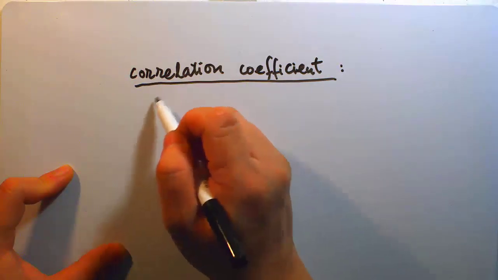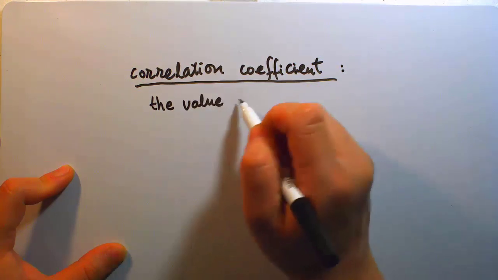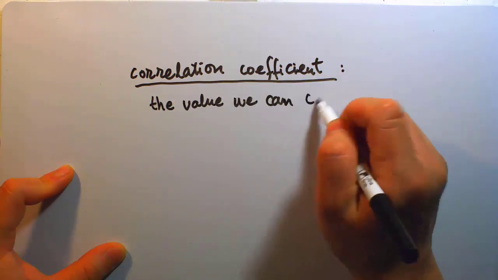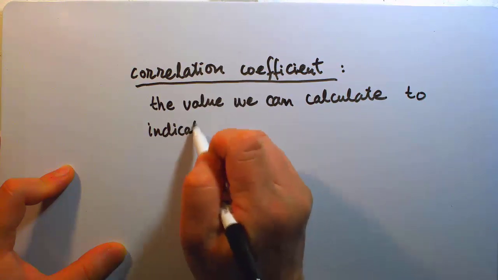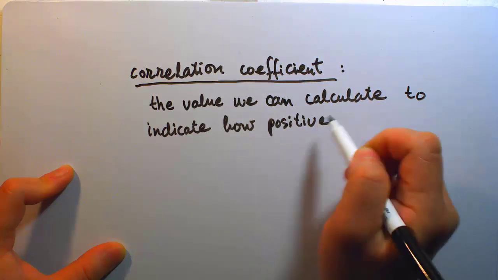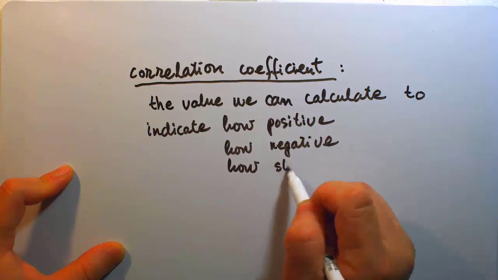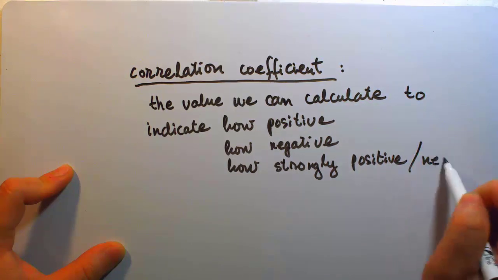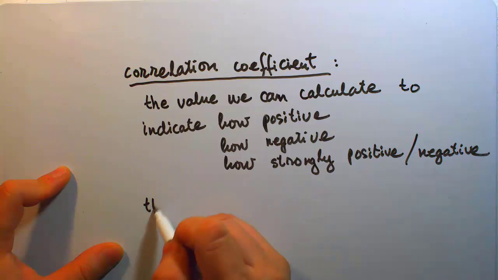For now, to start out, it's a value we can calculate to indicate how positive or how negative, or how strongly positive or negative, the correlation can be.